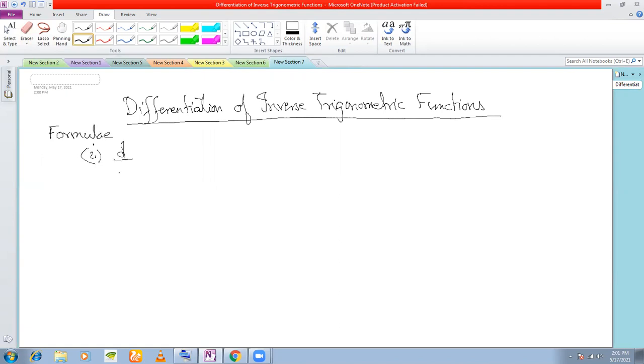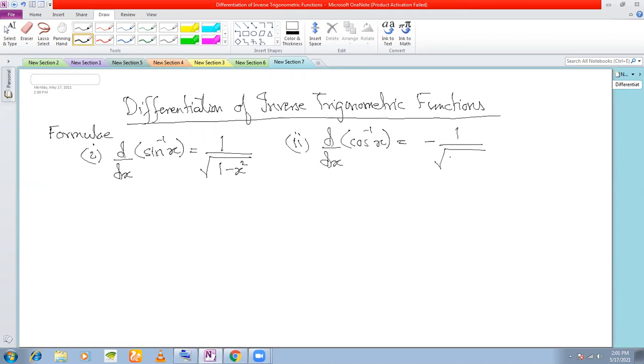is that d/dx of sine inverse x is 1 by root(1 minus x square). Next formula that you need to remember is d/dx of cos inverse x is minus 1 by root(1 minus x square).